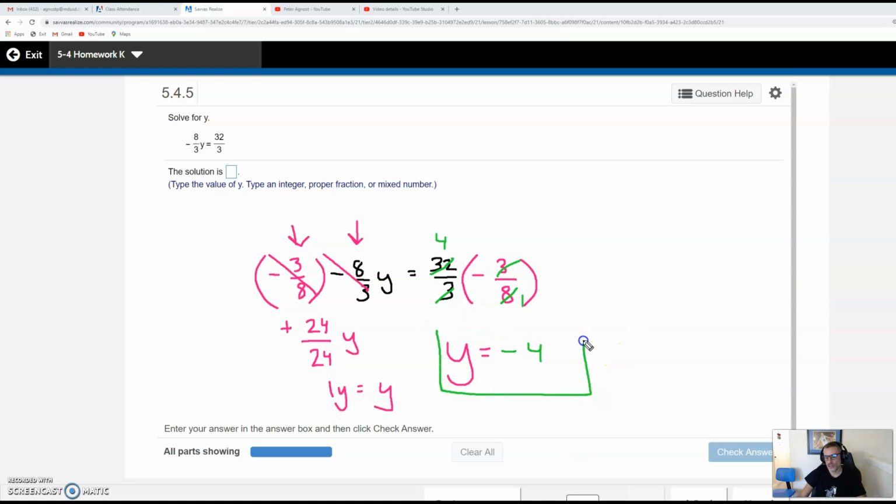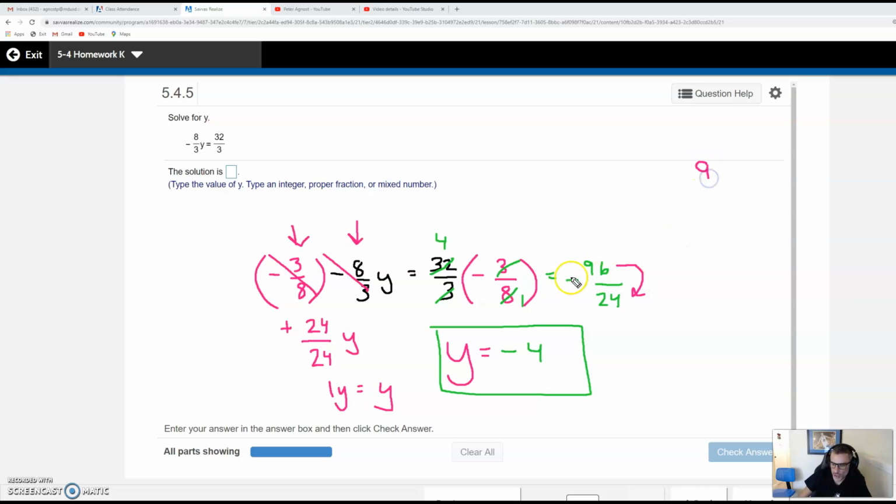Now, you could have done this the long way as well. You could have just said, okay, 32 times 3 is 96. We know it's going to be negative, and 3 times 8 is 24. And now you have this fraction right here that needs to be simplified, right? And remember, a fraction is just a division problem. This means 96 divided by 24.